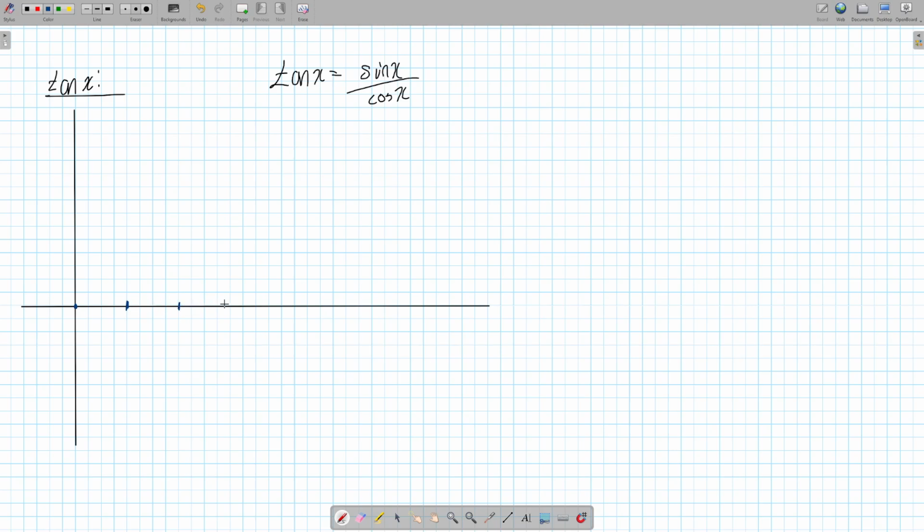You're going to tell me, "Why are we having asymptotes in a trigonometric graph?" At the end of the day, this is math, right? And you have a denominator, and you know that the denominator cannot equal 0. When does cosine x equal 0? It equals 0 at pi over 2 and 3 pi over 2. So 90 degrees and 270 degrees. So for that reason, you're going to have an asymptote at these values.